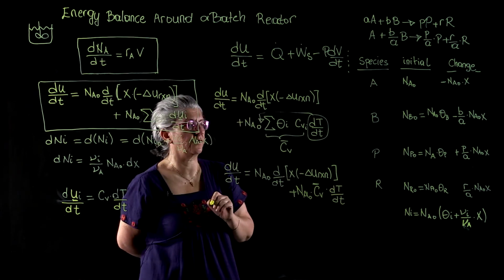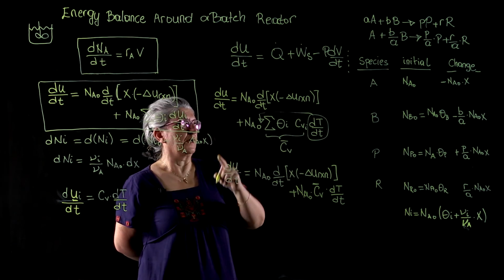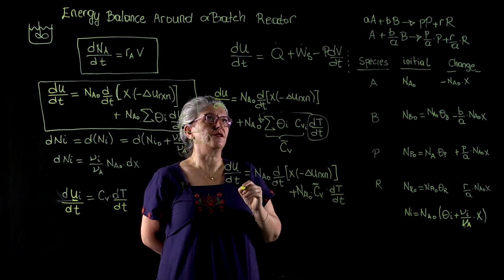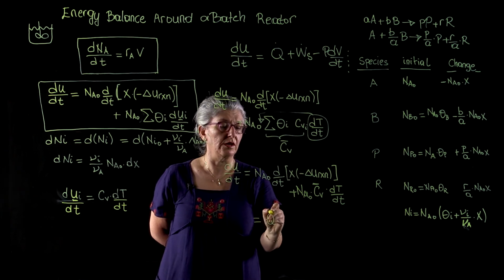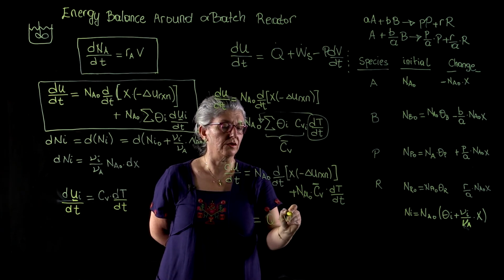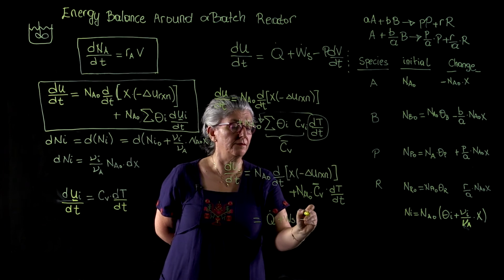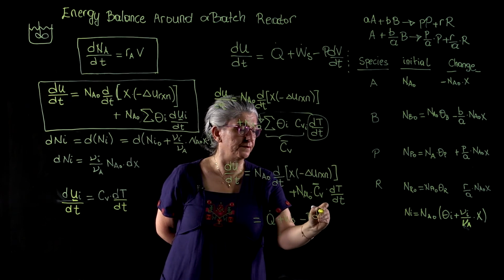This is the first part. The right-hand side of the equation is equal to Q plus shaft work minus P dV over dt.